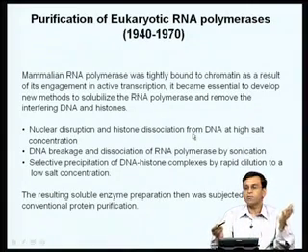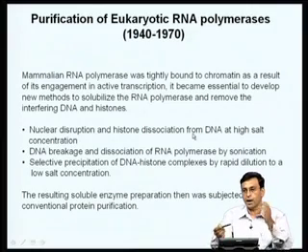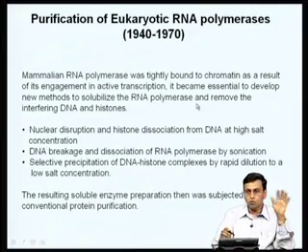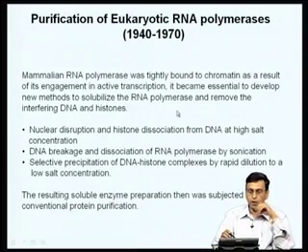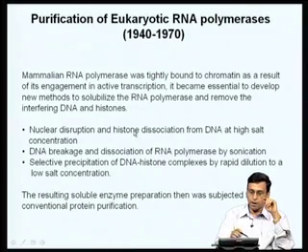And RNA polymerases are nothing but enzymes which make RNA. So as is true for any enzyme, if you want to study and understand how these RNA polymerases function, the first thing you have to do is to purify the eukaryotic RNA polymerases. But there was a problem. In the case of mammalian cells or in eukaryotes, the RNA polymerase was tightly bound to chromatin.